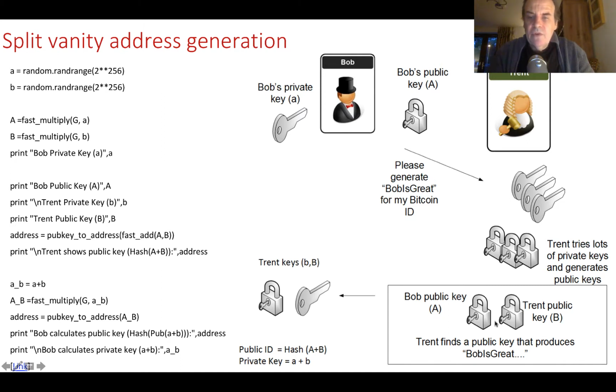Okay, so Bob can publish the hash of A plus B here, and Trent can publish the hash of A plus B, and over here Bob will be able to calculate the overall private key which is associated with this public key.